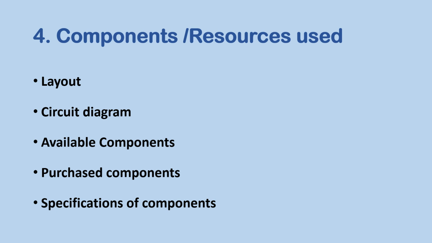Some components may be available and you can use those components directly in your project, but some components you need to purchase. So you can classify the components as available components and purchased components. If required, you can give the specifications of components.